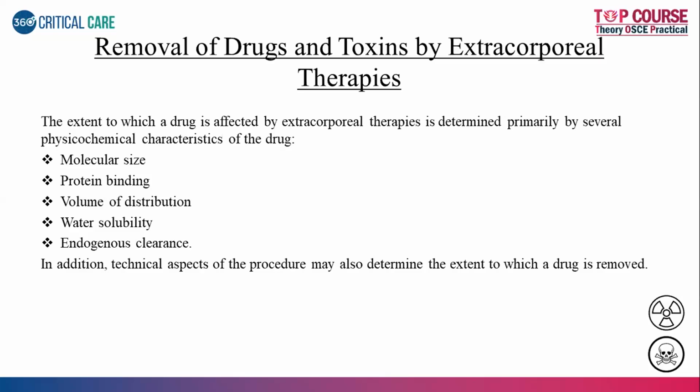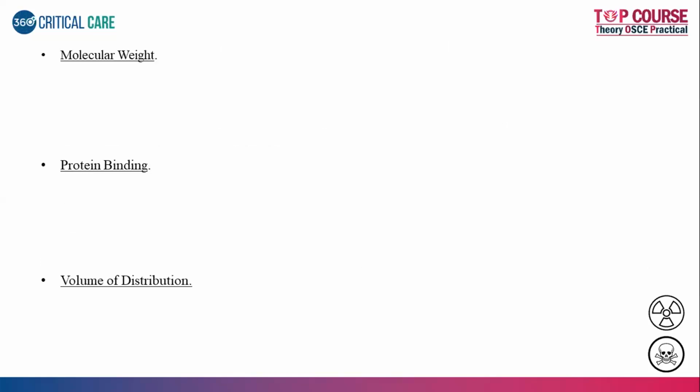These are the 5 important properties of a drug if it has to undergo extracorporeal removal. In addition, some technical aspects of the procedure may also determine the extent to which a drug is removed. Now, in short, what are the single lines that you need to mention in your exams?